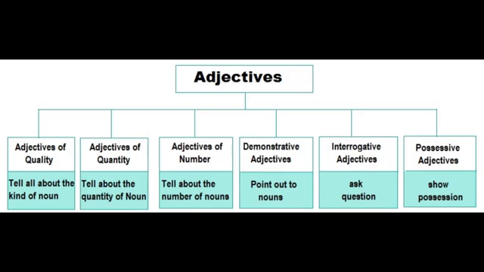Then adjective of number, it tells about the number of nouns. Then demonstrative adjective, it points out the noun. Interrogative adjective, this adjective is used to ask a question. And possessive adjective, it is used to show possession. So I have explained the types of pronouns and types of adjectives also.